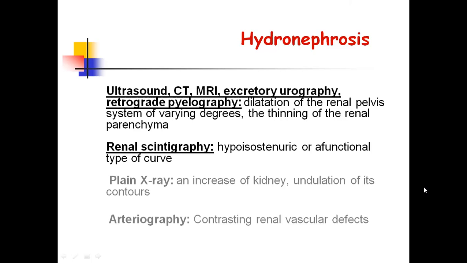Main radiological features of hydronephrosis on ultrasound, CT, MRI, and other radiological techniques are dilation of the renal pelvis system of varying degrees, thinning of renal parenchyma, and in renal scintigraphy, a hypoisostenuric or afunctional type of curve, so-called flat curves of renal scintigrams.